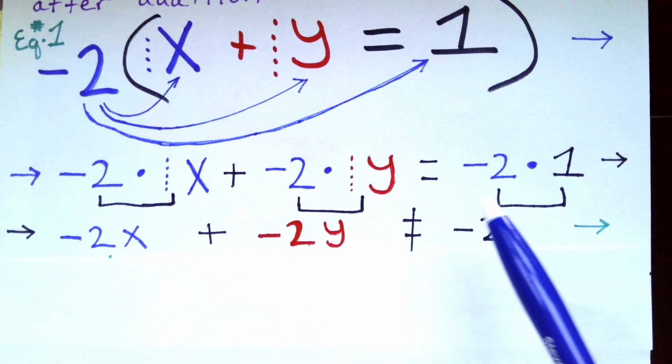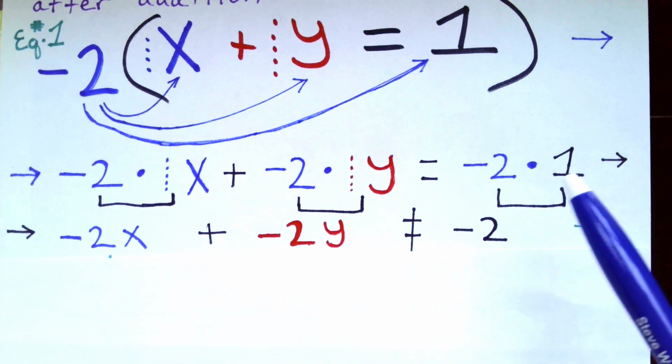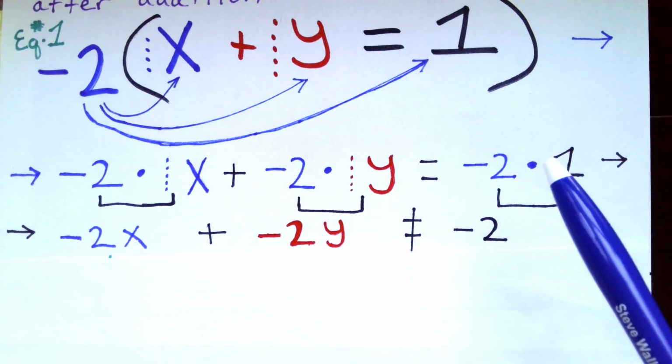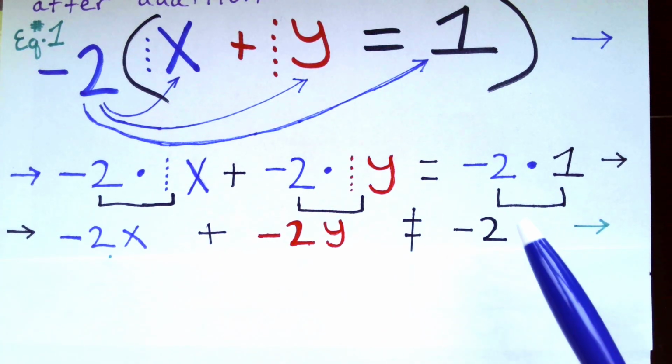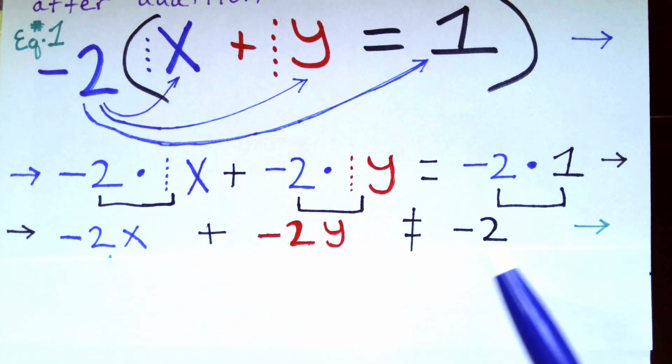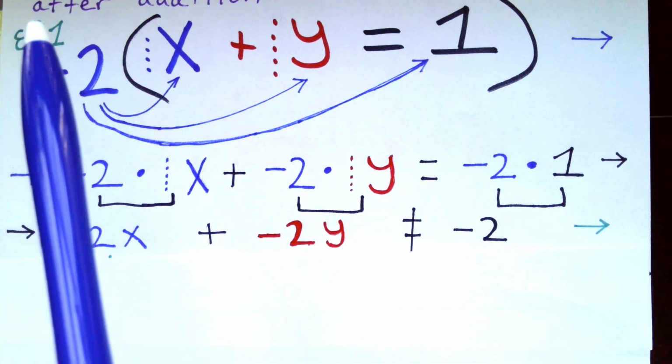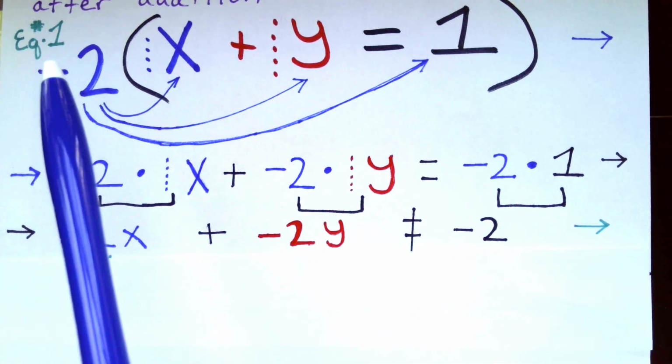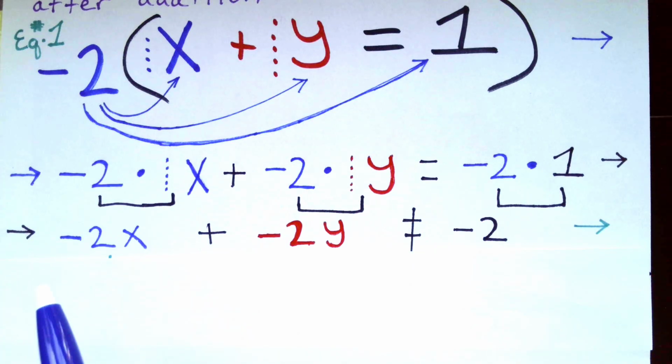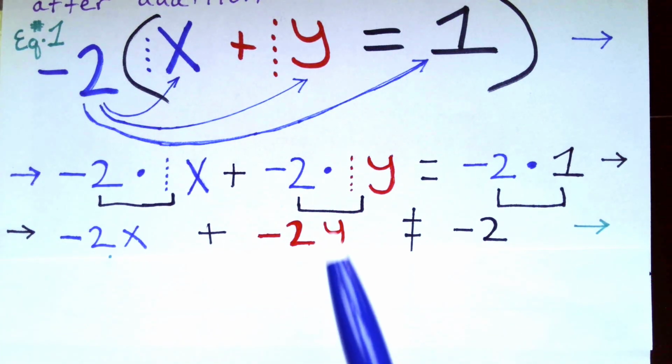Bring down my equal sign, negative 2 times a positive 1. Well, 2 times 1 is 2. One negative, one positive makes it a negative 2 value. So now I've manipulated my equation number 1. Now I'm going to write my equation number 2 and add these like terms together, and let's see what we get.